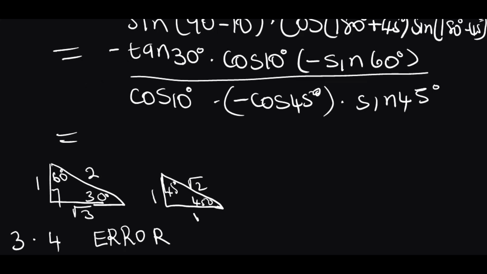Negative tan 30 degrees can be written as negative 1 over square root of 3.